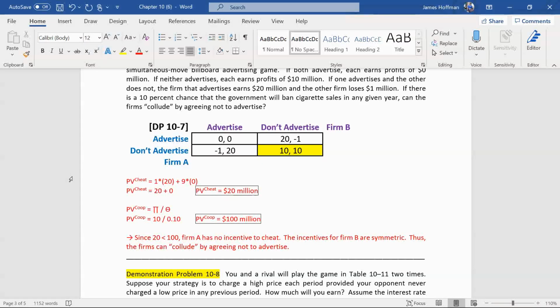So it goes on for a number of times, but there's a 10% chance it will end any period. So to calculate the number of times you expect to play it, just 1 divided by theta.